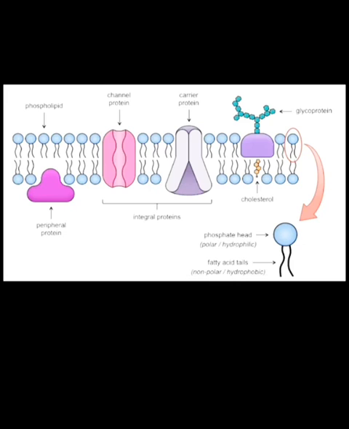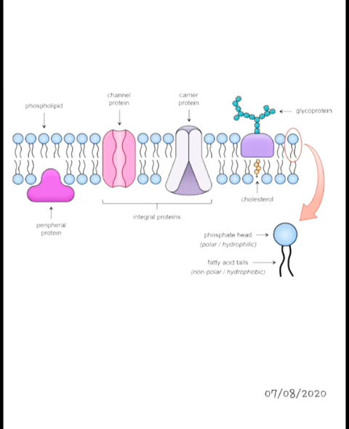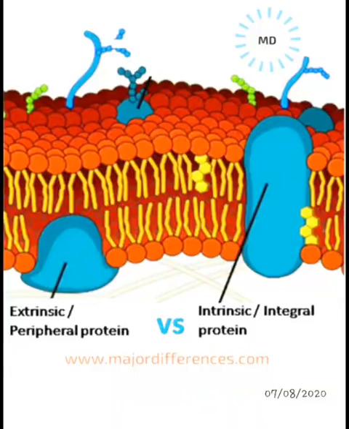Okay. And you can see there are different types of proteins found inside these lipid layers. Some are known as integral proteins, some are known as peripheral proteins, some are glycoproteins, some are carrier proteins, which help to carry something from one part of the membrane to the other part, and some are channel proteins.